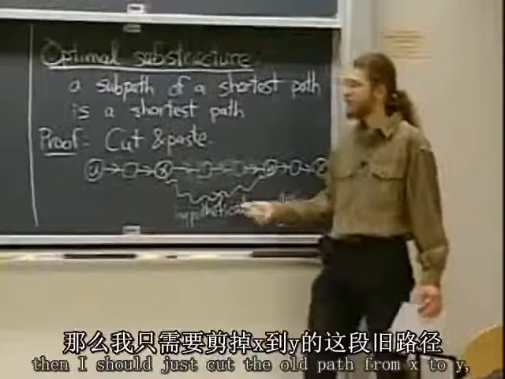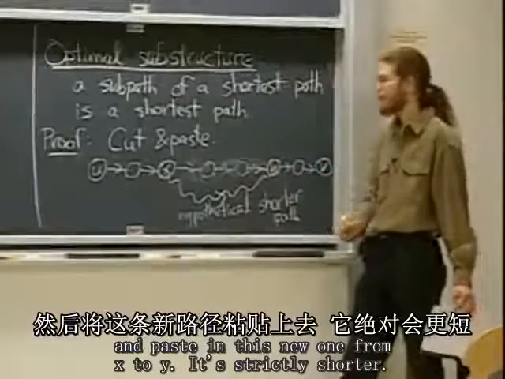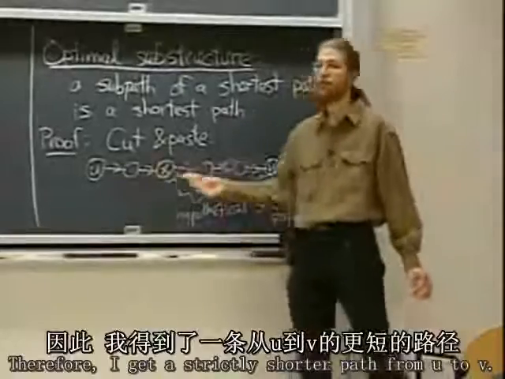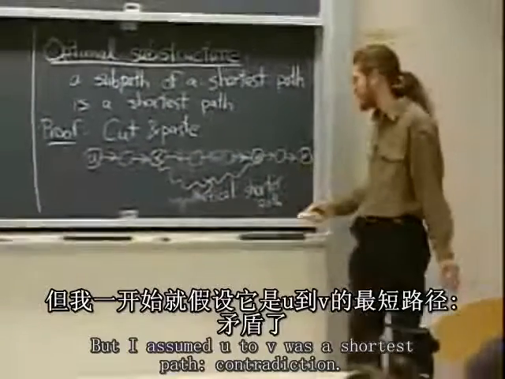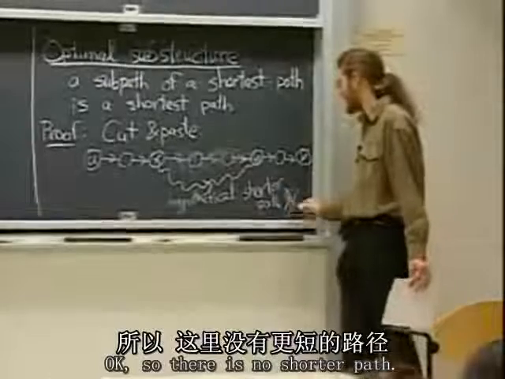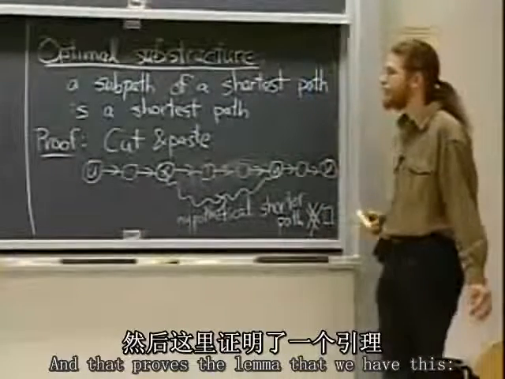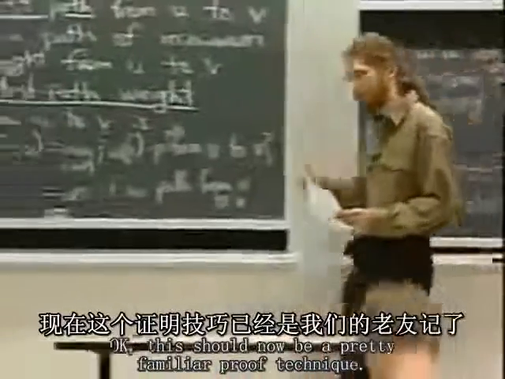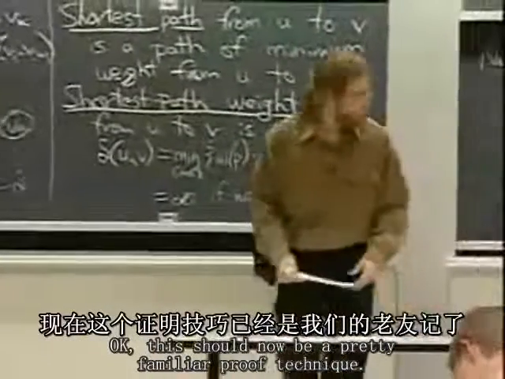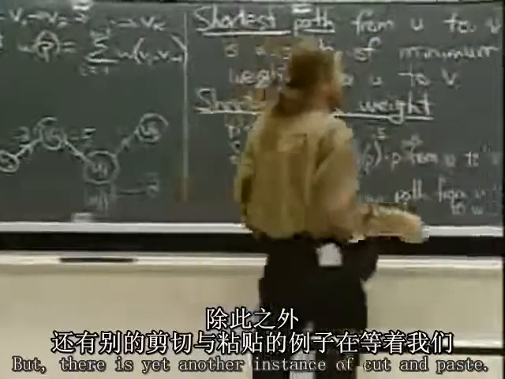Then I should just cut the old path from x to y and paste in this new one from x to y. It's strictly shorter, therefore I get a strictly shorter path from u to v, but I assumed u to v was the shortest path, contradiction. Okay, so there is no shorter path, and that proves the lemma, that subpaths of shortest paths are shortest paths. This should now be a pretty familiar proof technique, but there's yet another instance of cut and paste.